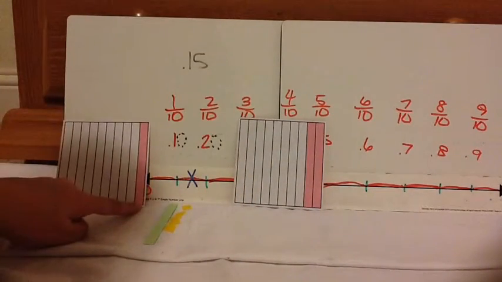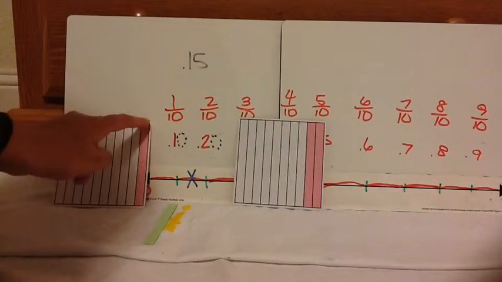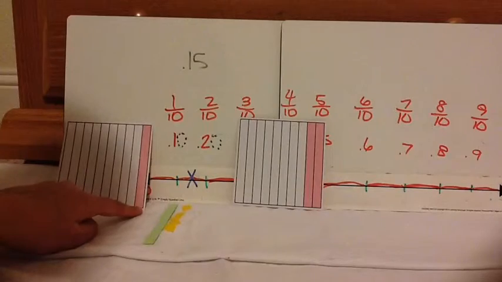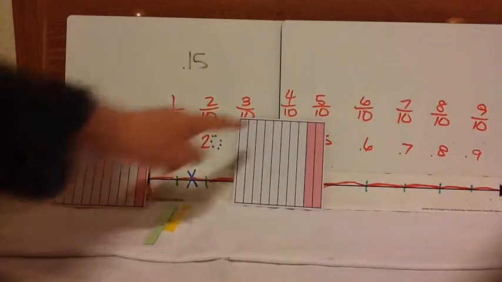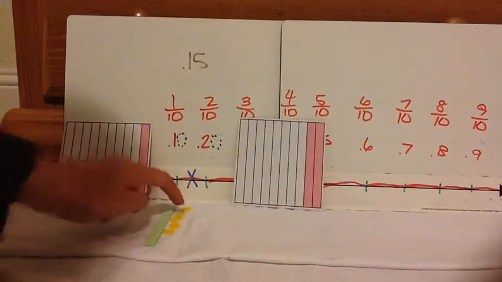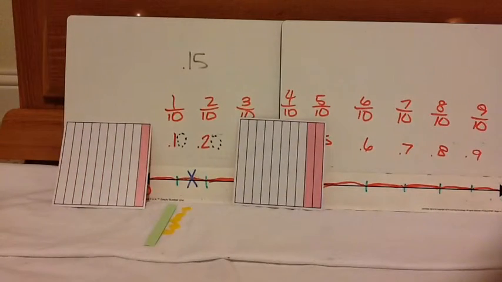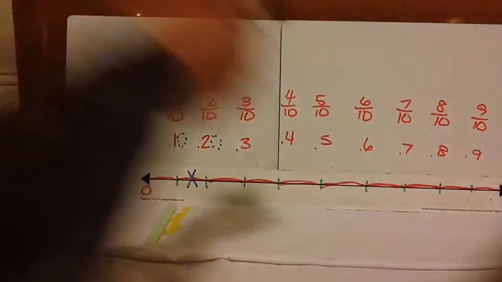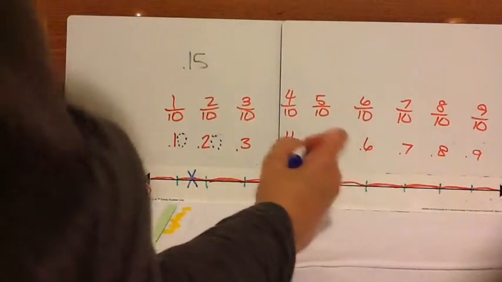That's 10 cents, a dime, and then that's 20 cents. So that's 10 cents and then 5 pennies. That's a dime and 5 pennies. So 15 cents.